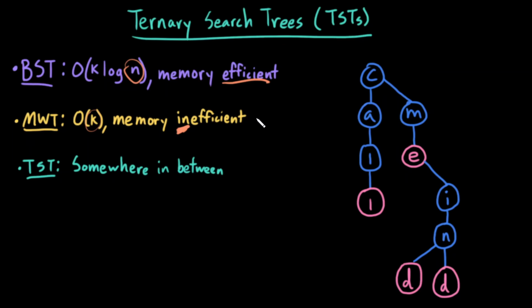So similar to the multi-way trie where we had a special word node indication, in a ternary search tree, we also have a special word node indication, which I've marked as pink in my tree. So nodes that are pink represent the end of a given word. So the ternary search tree, this looks kind of funky, but let's break it down.